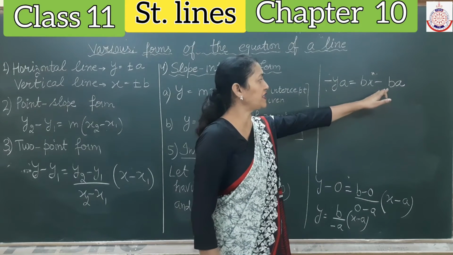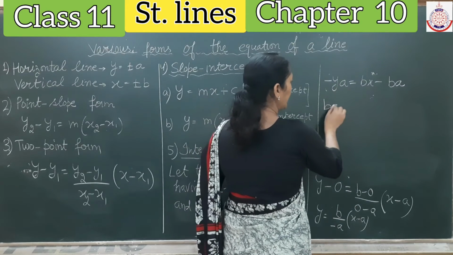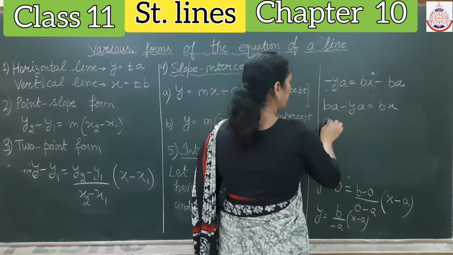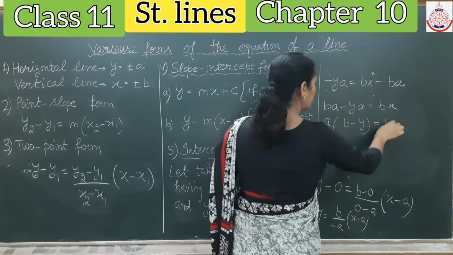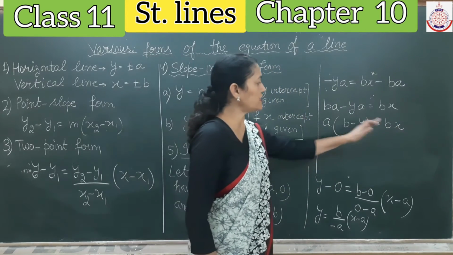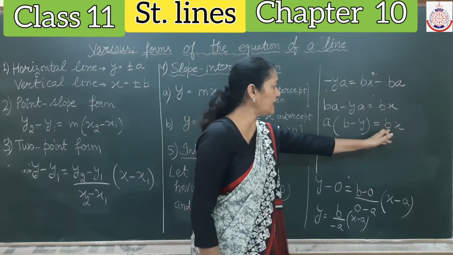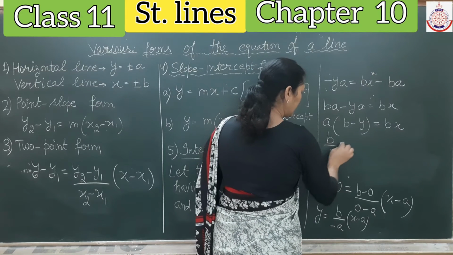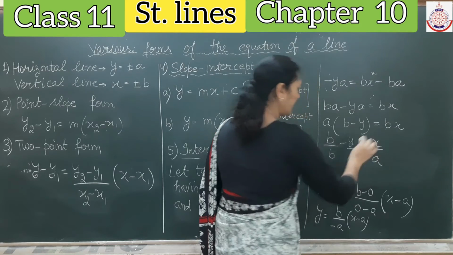Now shifting this minus b to this side, we'll be having ba minus ya equals bx. Taking a common, we are having a(b minus y) equals bx. Now if we interchange the value of b and a, means if we take a to this side and b to this side, we'll be having (b minus y) upon b is equal to x upon a.